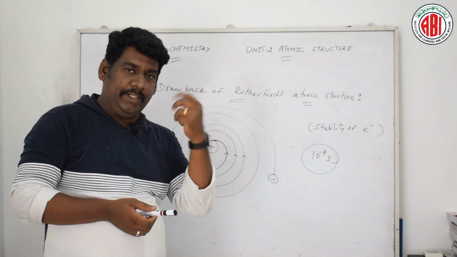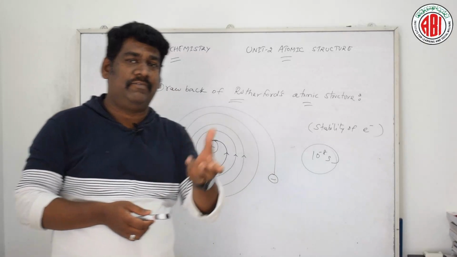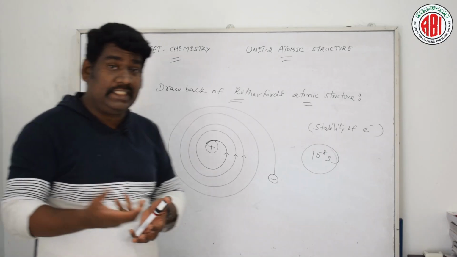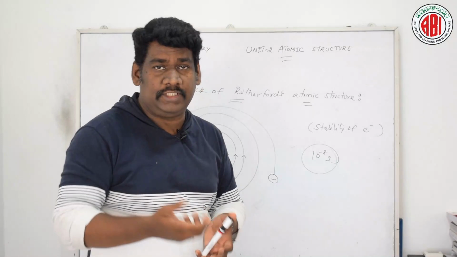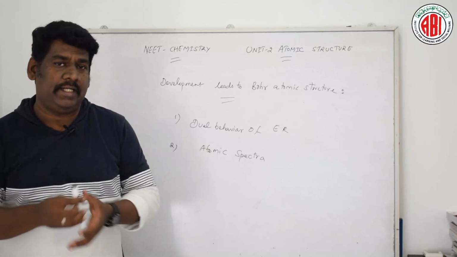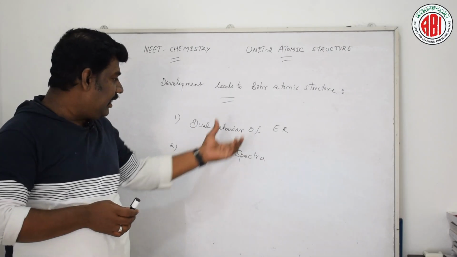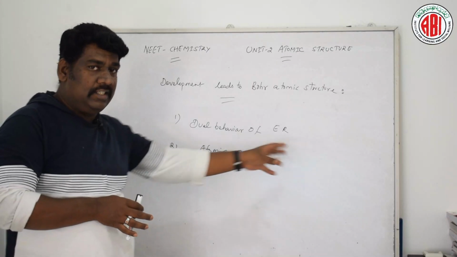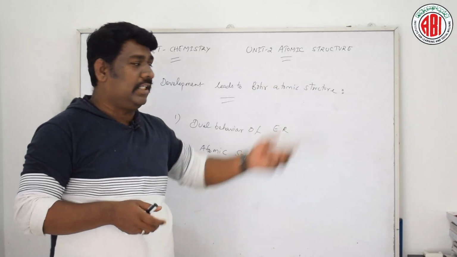According to the Niels Bohr model of an atom, the stability of an electron could be managed. So how is it managed? Let us see. Before that, let us discuss the developments leading to Bohr's model of an atom. These are the two major concepts we should know very well, which helped in the development of Niels Bohr's atomic structure.